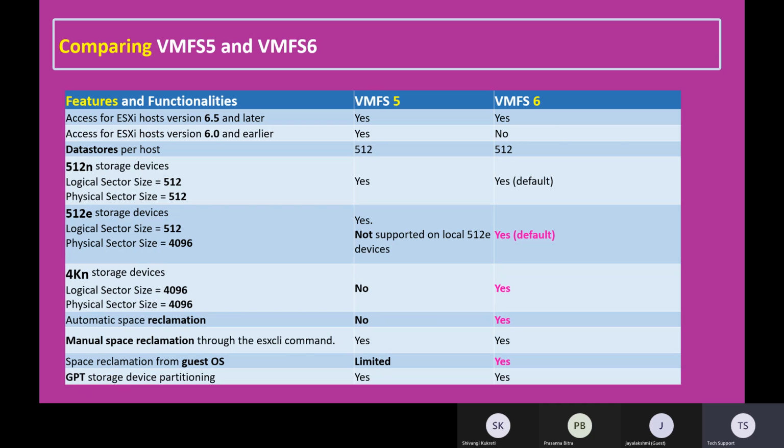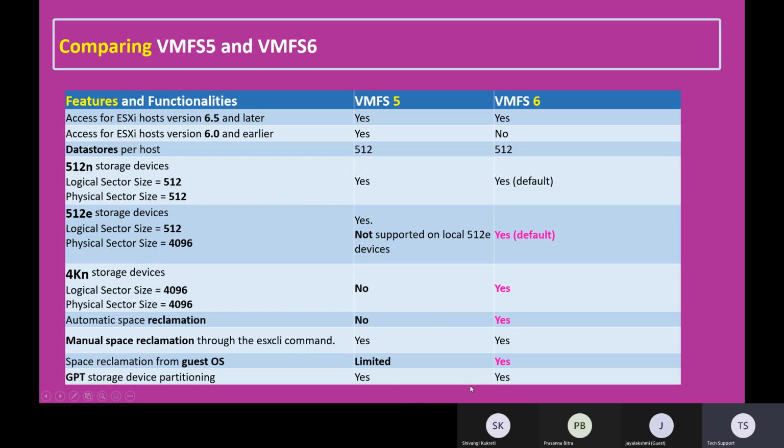That we call GPT storage device partitioning. That partition table always has a unique identification number, and nowhere can you find the same ID. And this GPT partitioning is supported for both versions.